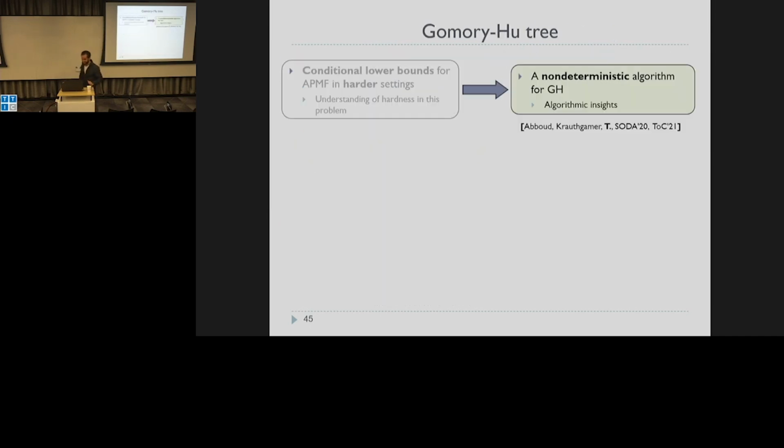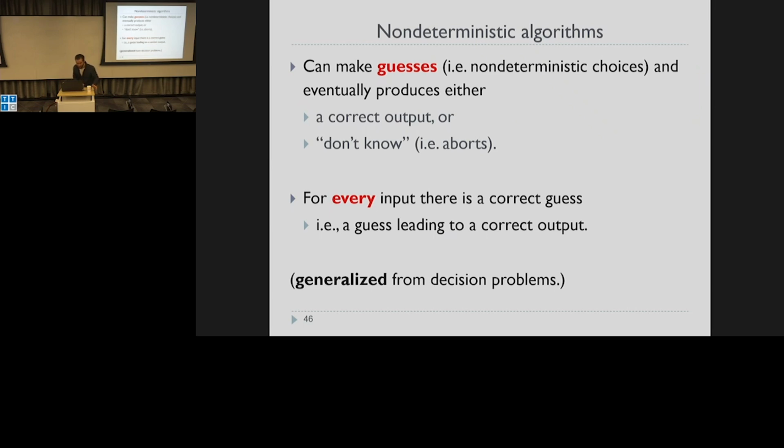Okay. So the second step is we design a non-deterministic algorithm for Gomory-Hu trees. Now you might ask, why non-deterministic algorithms? What does it have to do with anything here? So first, what is a non-deterministic algorithm in this context?